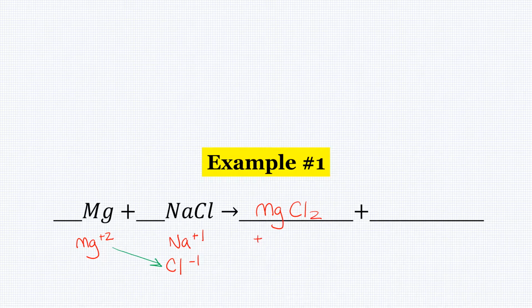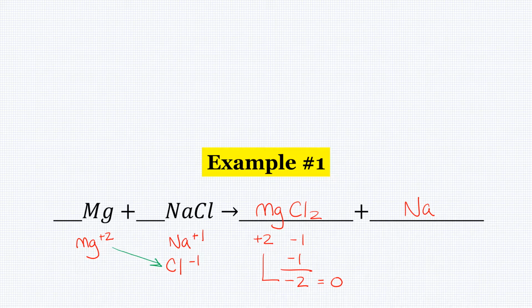So again, magnesium has a charge of +2, chlorine has a charge of -1, so we need 2 of them to balance the equation. So +2 and -2 gives us a net charge of 0. Okay, so sodium is going to be left over. Sodium is not diatomic, so we can write it just like that.